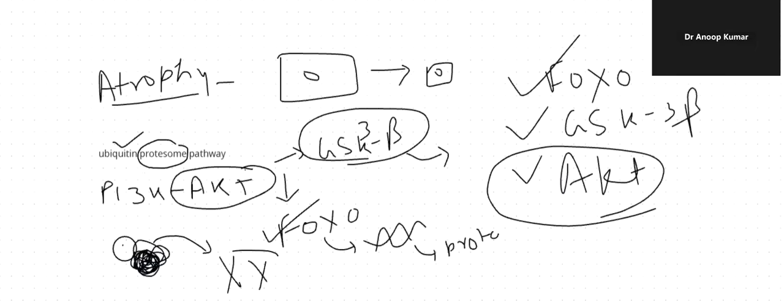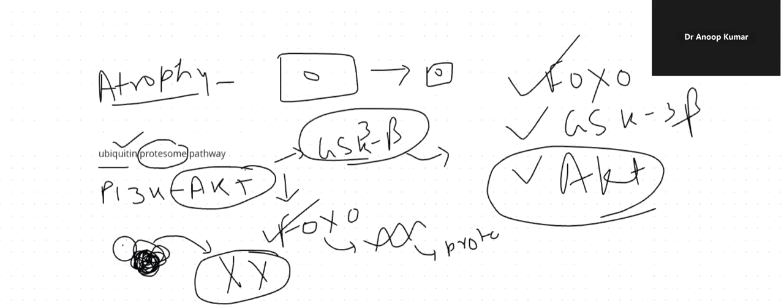I hope it's clear. Again, I am repeating: ubiquitin is a small protein which covalently attaches to the target proteins. When it attaches to these target proteins, the proteasome will identify it and do the degradation. That's it. Behind the ubiquitin, these signaling pathways are producing it, and ubiquitin attaches to the target protein and does the protein degradation.